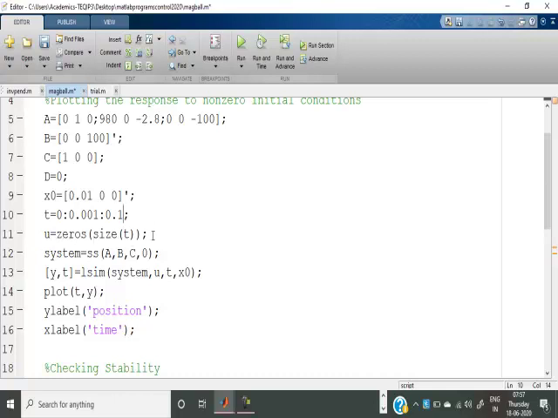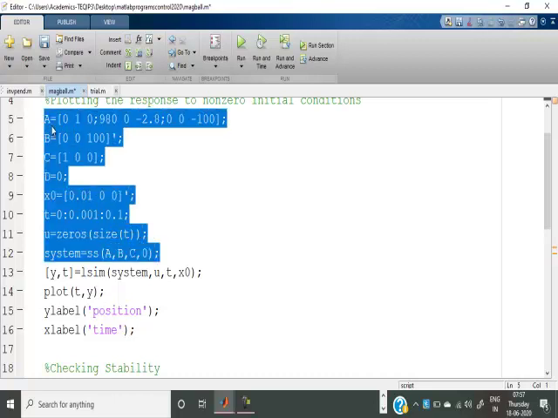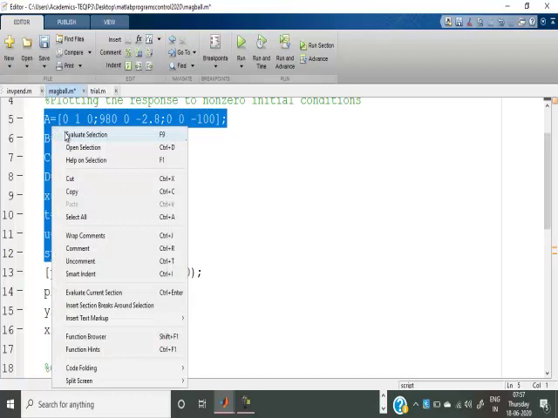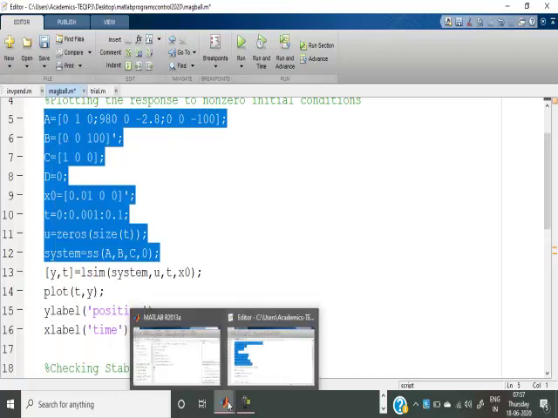This is the command for that, and then I'm using the lsim command to simulate. So let me first make this state space system here. I'll evaluate this much, evaluate the selection here.